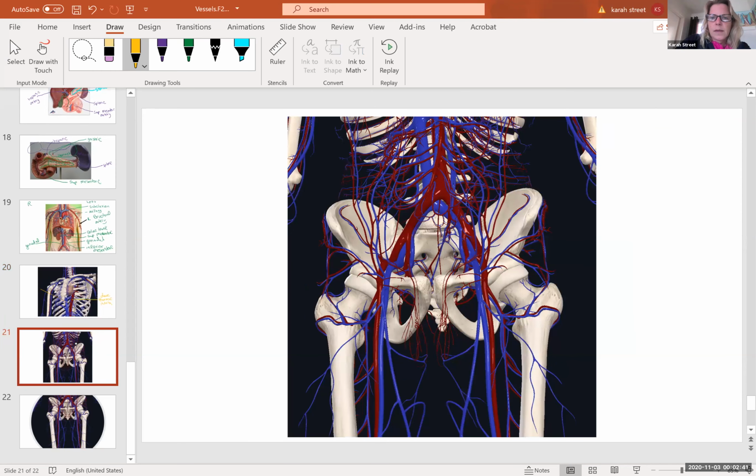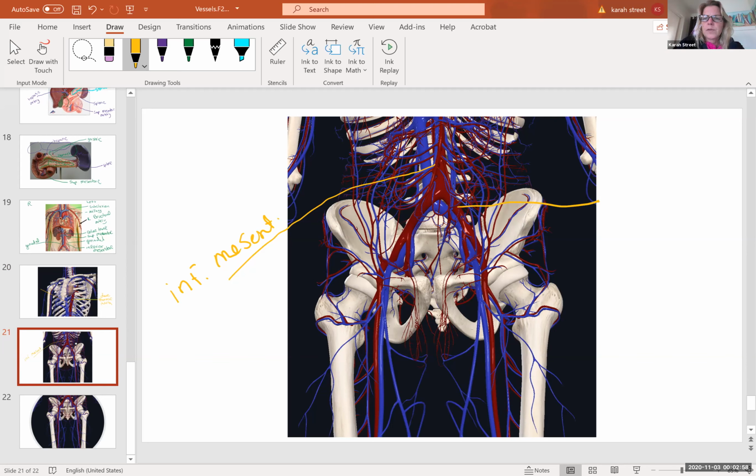Okay, and then again, we can see here, inferior mesenteric. It's kind of busy with all the veins also included.